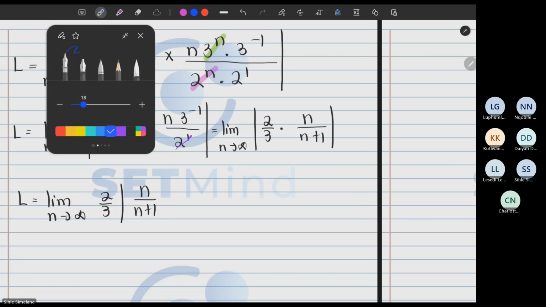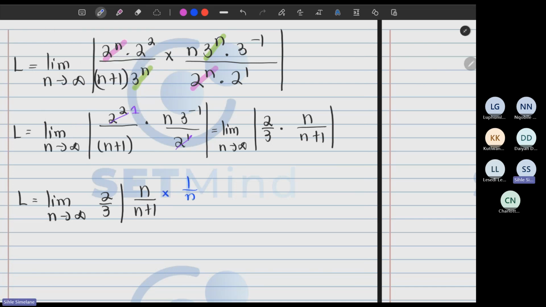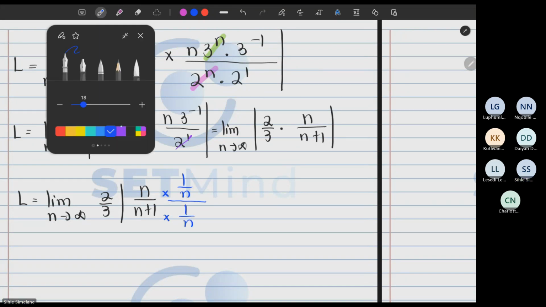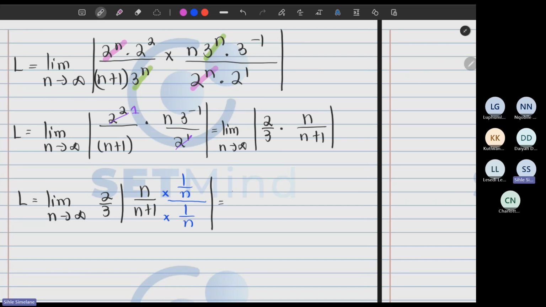We can do a smarter way: multiply the numerator by 1 over n and the denominator by 1 over n as well. Then the limit as n approaches infinity of 2 over 3 is, with the n cancelling, a 1 on the numerator divided by 1 plus 1 over n.